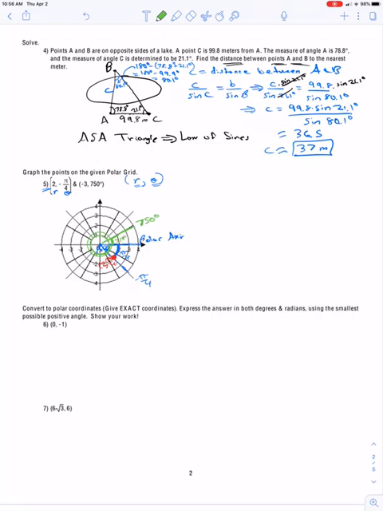Now our radius is negative 3. A negative means we go in the opposite direction. So we go to the 30 degree mark in the opposite quadrant: negative 1, negative 2, and there's negative 3. So right here is our point, (negative 3, 750 degrees).